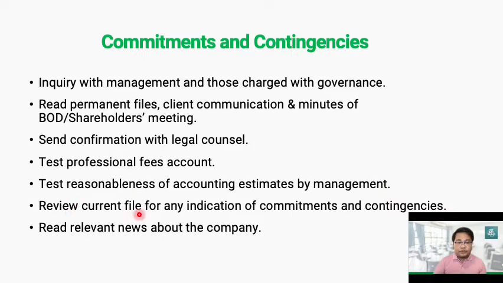So we can also review the current file for any indication of commitments and contingencies. For example, our confirmation with banks and other financial institutions could provide information on potential commitments and contingencies that could require disclosure in the financial statements. And then, we can also read relevant news about the company.